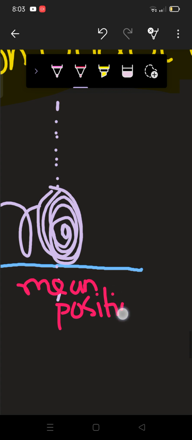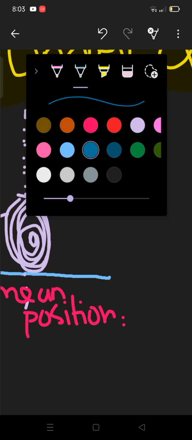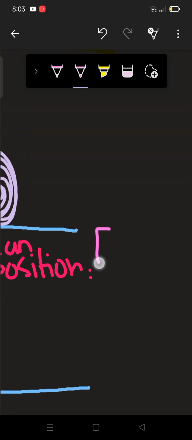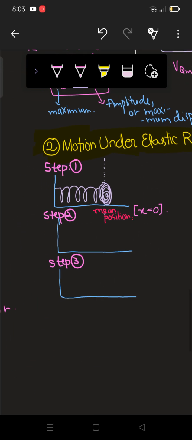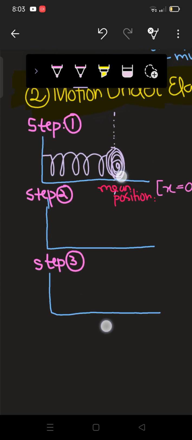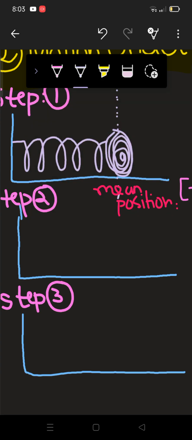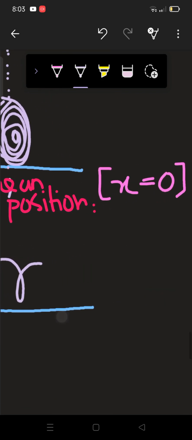And as we have discussed about displacement, in this case displacement would of course be 0, since this is the mean position. So x, which represents displacement, is 0. Second case, if we stretch this spring, the body would be at its extreme position.